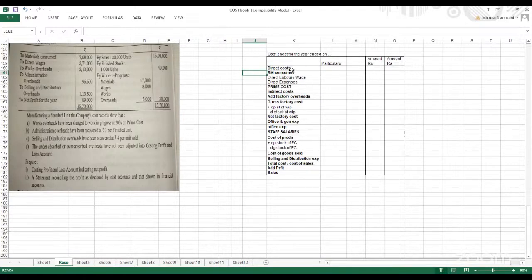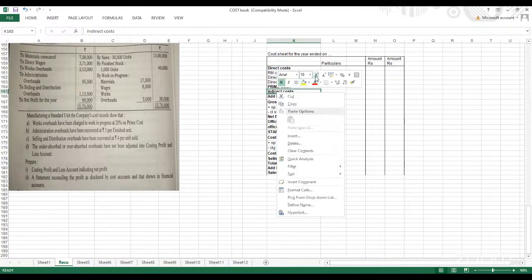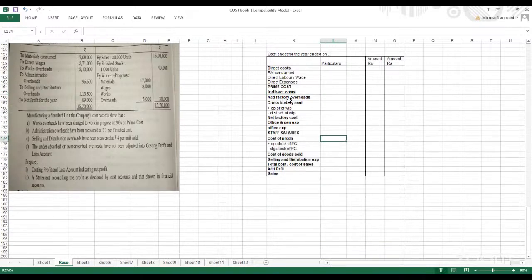So now we have direct cost, under that raw material, direct labor and direct expenses. Okay, this becomes prime cost. Then indirect cost, under that factory overheads. If we add prime cost plus factory overheads, we get gross factory cost. Then we add opening WIP less closing WIP, we get net factory cost.